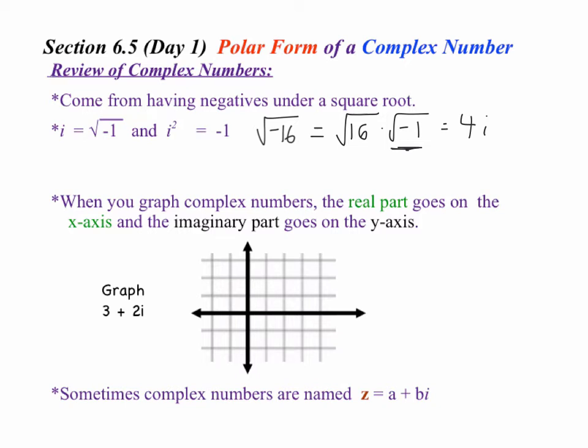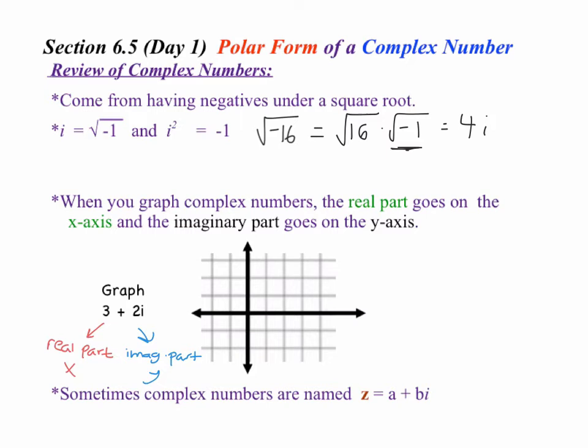Then when you graph complex numbers, the real part goes on the x-axis. The imaginary part, the part with the i, goes on the y-axis.